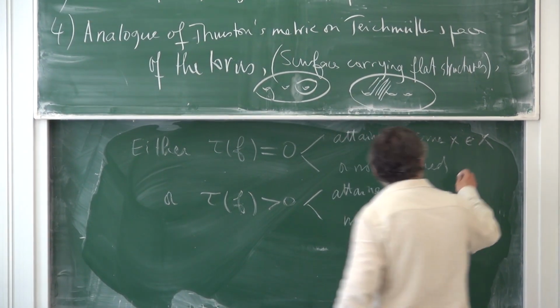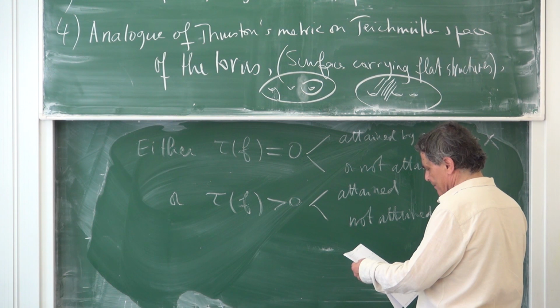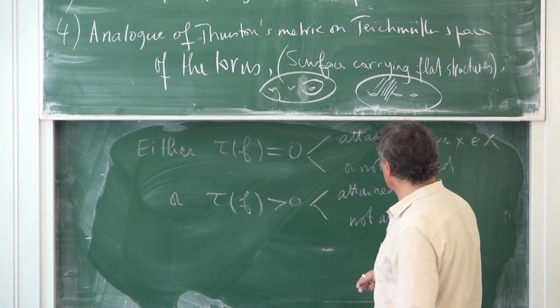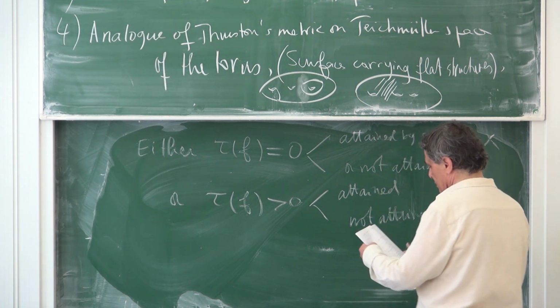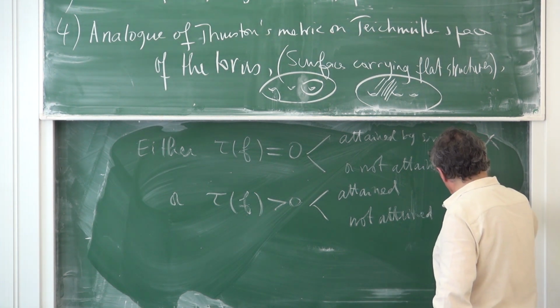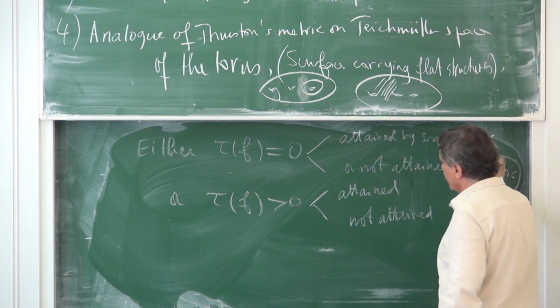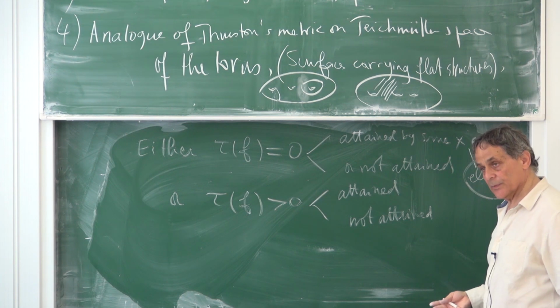Anyway, this is attained by some x. So this case is usually called elliptic. In this case, we say that f is an elliptic isometry.